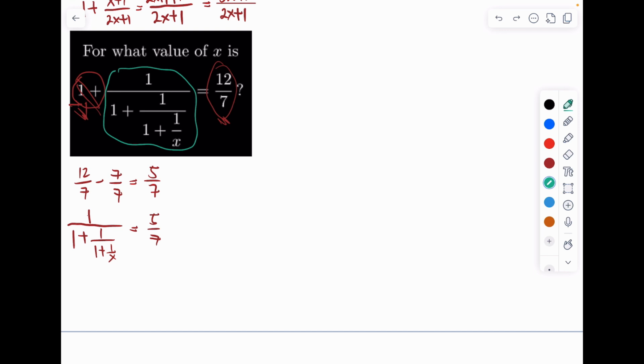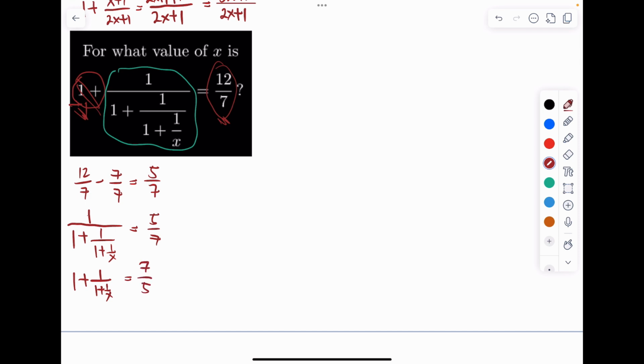If we invert this when performing division, we're going to invert this as well, because like I said, whatever you do on the left side, you have to do on the right side as well to maintain the balance. So this will become 1 plus 1 over 1 plus 1 over x, because we just multiplied it to the numerator, which is 1.